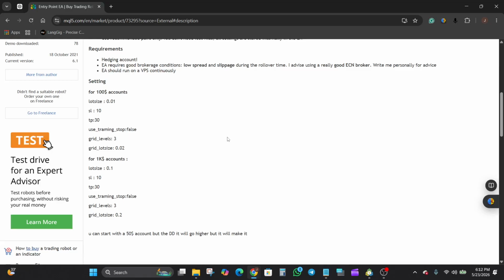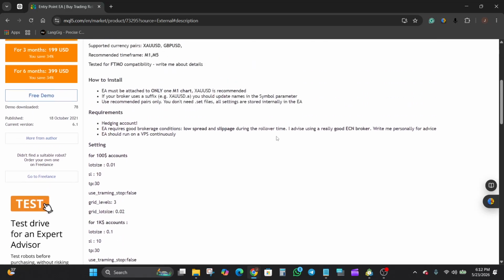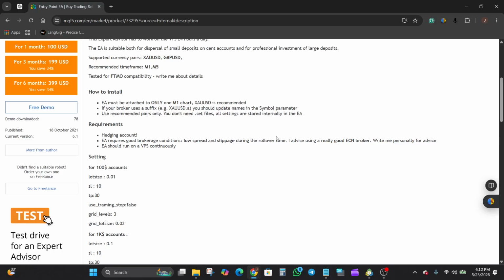Okay, now moving into the installation guidance, I can see the EA is meant to be attached to only one M1 chart with XAU USD being the recommended symbol.